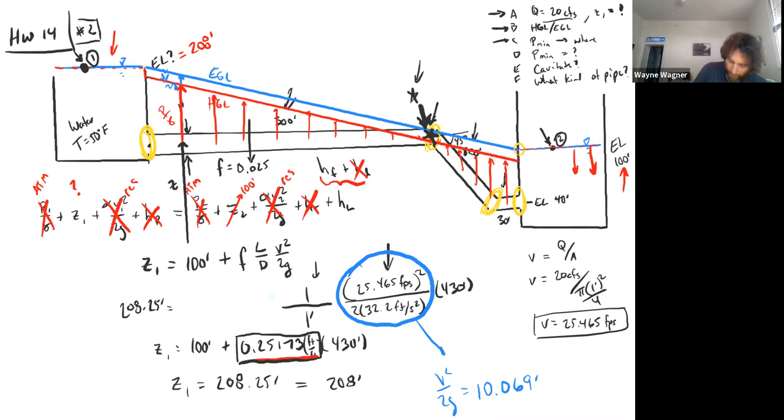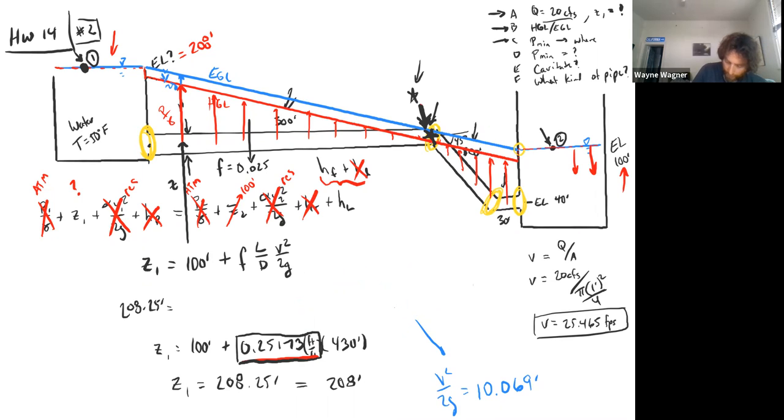I've got what I need below. I'm going to do this in blue on top. We still have P star on gamma. Z star remains 100 feet. We've got a velocity we have to deal with, V star squared on 2G, and we've got a head loss we have to deal with here.